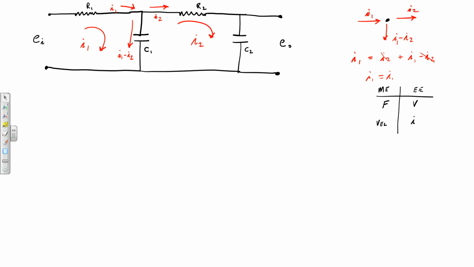Okay, so now we'll take a look at this system again, and I want to write some equations here. I usually use the voltage law, and I go around a loop. So let's take a look at the first loop with I1. It's going to look like this.